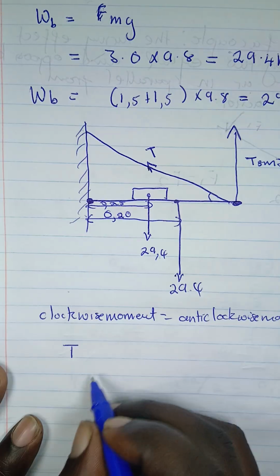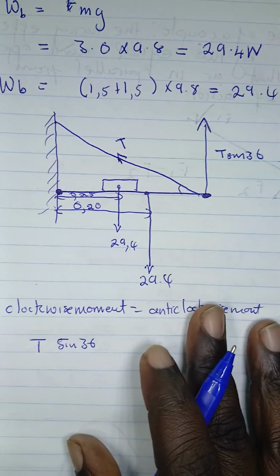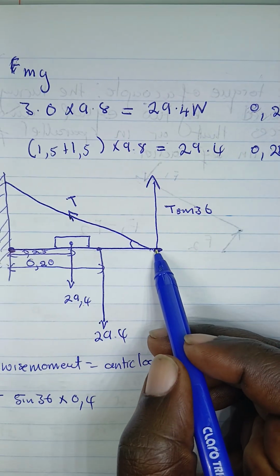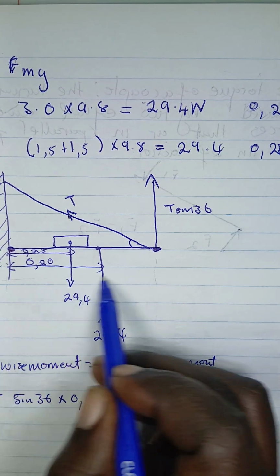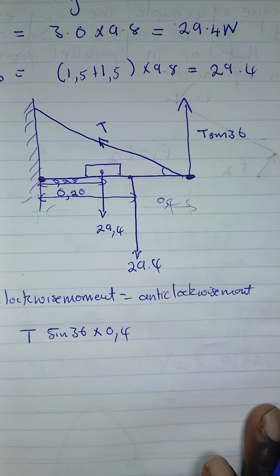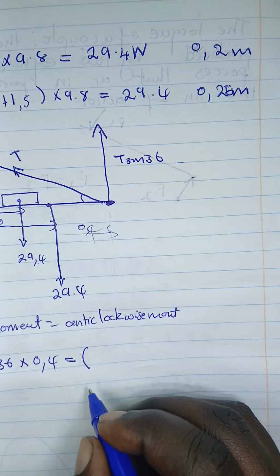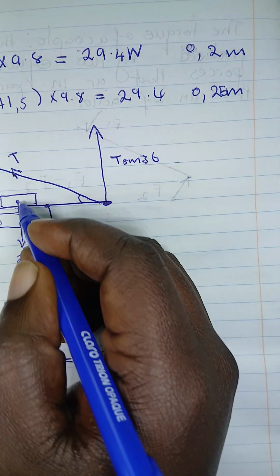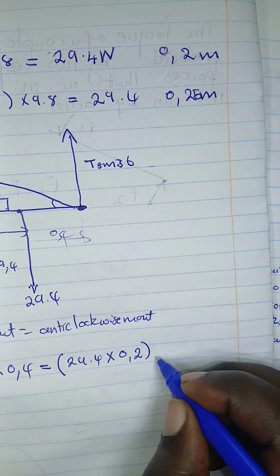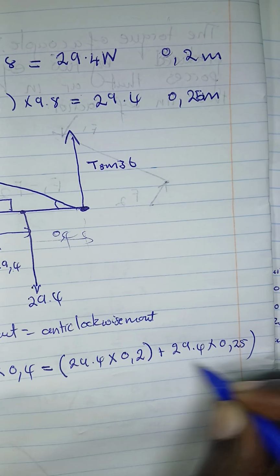So T sine 36 multiplied by 0.4, since this one is acting at the maximum distance, 0.4, the length of the board, is equal to 29.4 for the books multiplied by 0.2, plus 29.4 multiplied by 0.25.